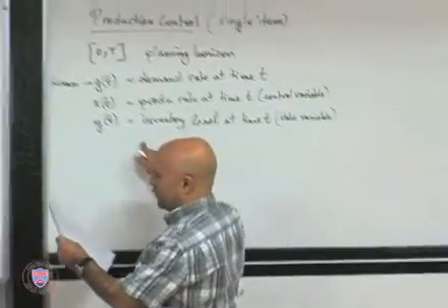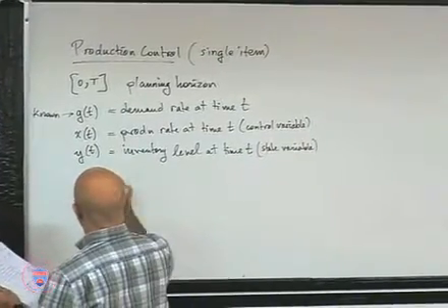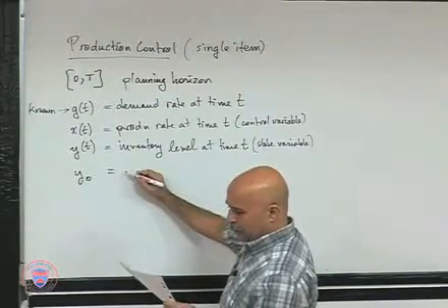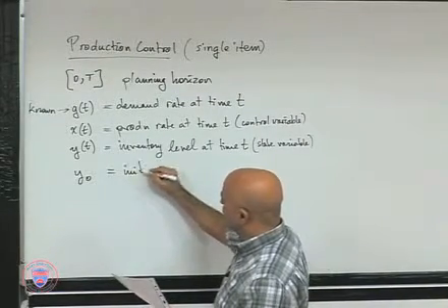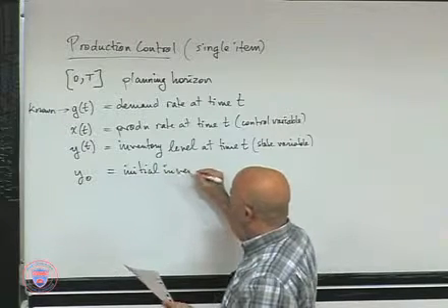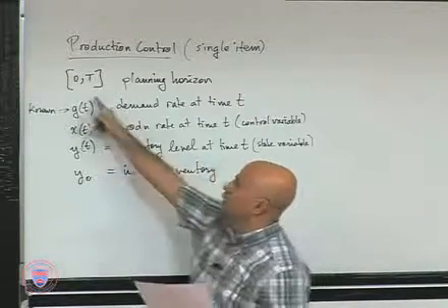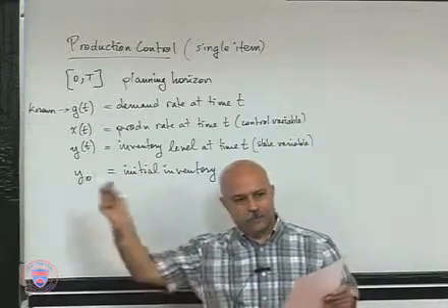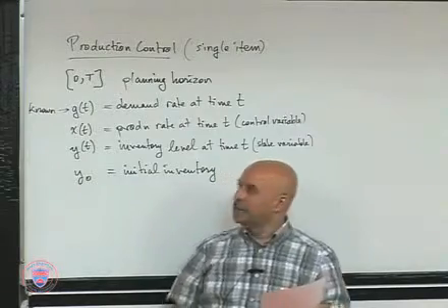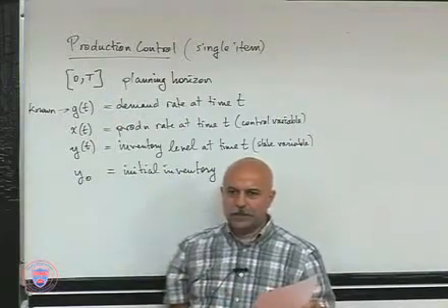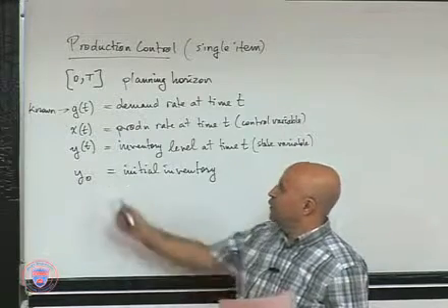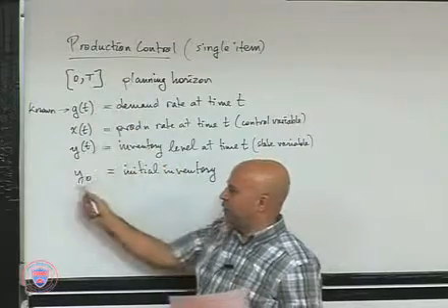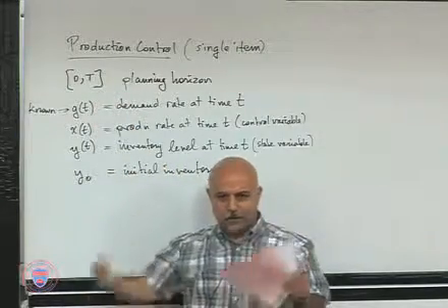All right, y of 0. I'm going to assume the initial inventory is given. This is the initial inventory. If you're doing this planning from 0 to T, then from T to, say, 2T, etc., each time zeroing the clock at the beginning of the period, whatever is left over at the end of this planning horizon will become the initial inventory for the next planning horizon.